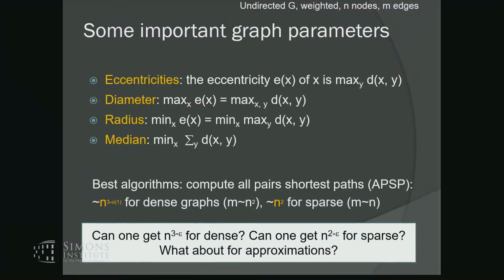What about the regime where M is in between N and N squared? Good question. Thank you. The question was about the dense and sparse regimes I've mentioned here: what about when your density is in between these things? So at least for the sparse reductions, we don't know how to make them any better for a denser graph.